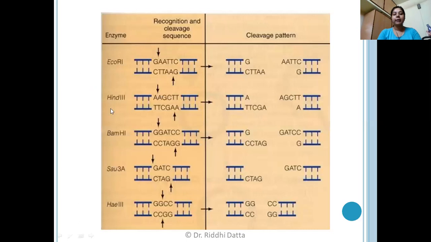Now these are some of the examples: EcoR1, HindIII, BamHI, HaeIII, Sau3A. These are some of the commonly used restriction enzymes, and some of them produce blunt ends and others will produce sticky ends. For example, EcoR1, HindIII, BamHI and Sau3A will produce sticky ends, while HaeIII is another blunt end producing enzyme.